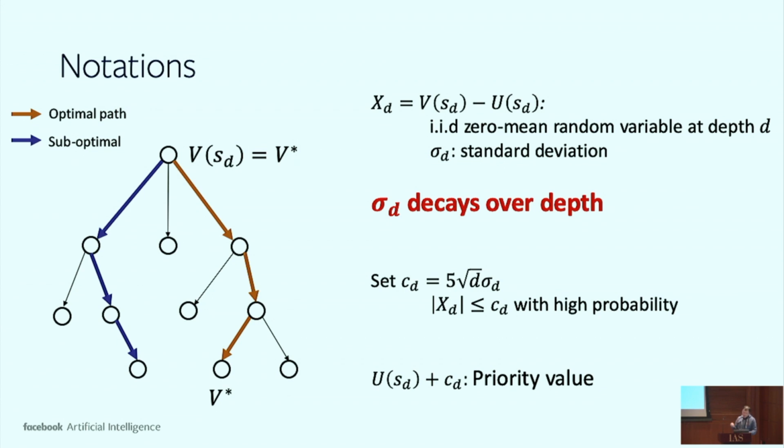So we cannot get the true value by repeatedly calling the value network at a particular node multiple times. That's not allowed, and this is also true in practical settings. The key point here is that sigma_d decays over depth. Then the question is how much it should decay so that you get a good solution.